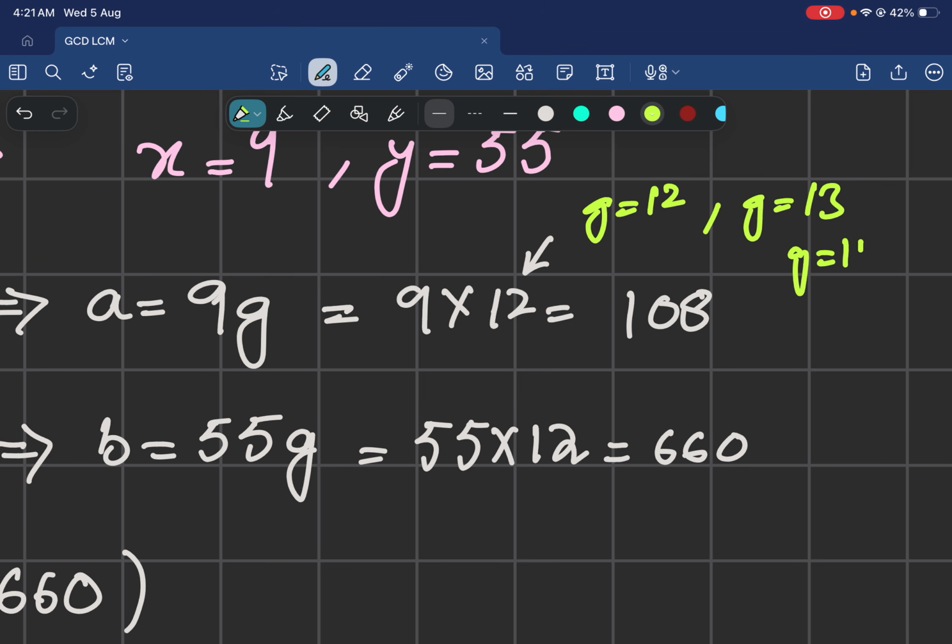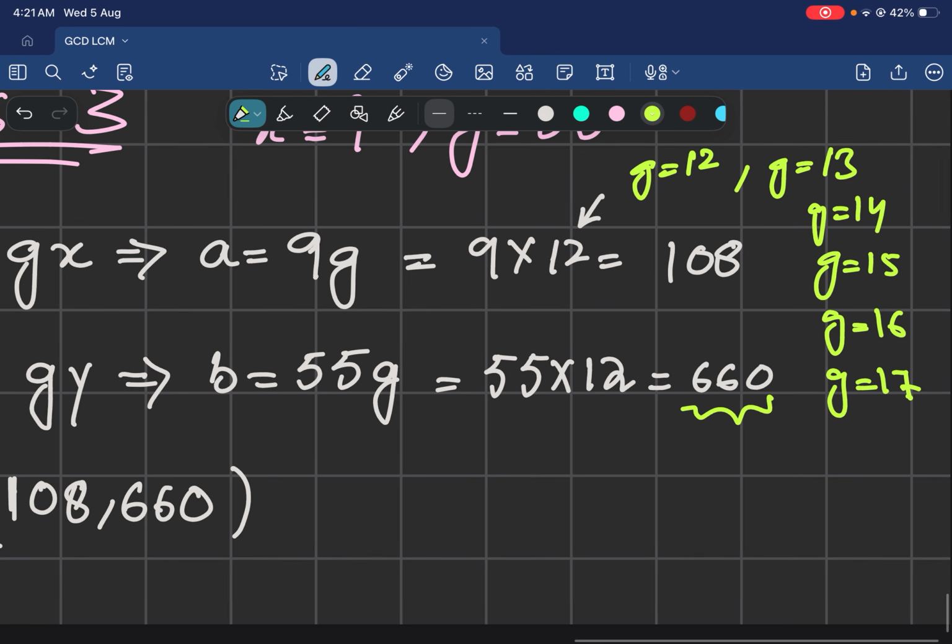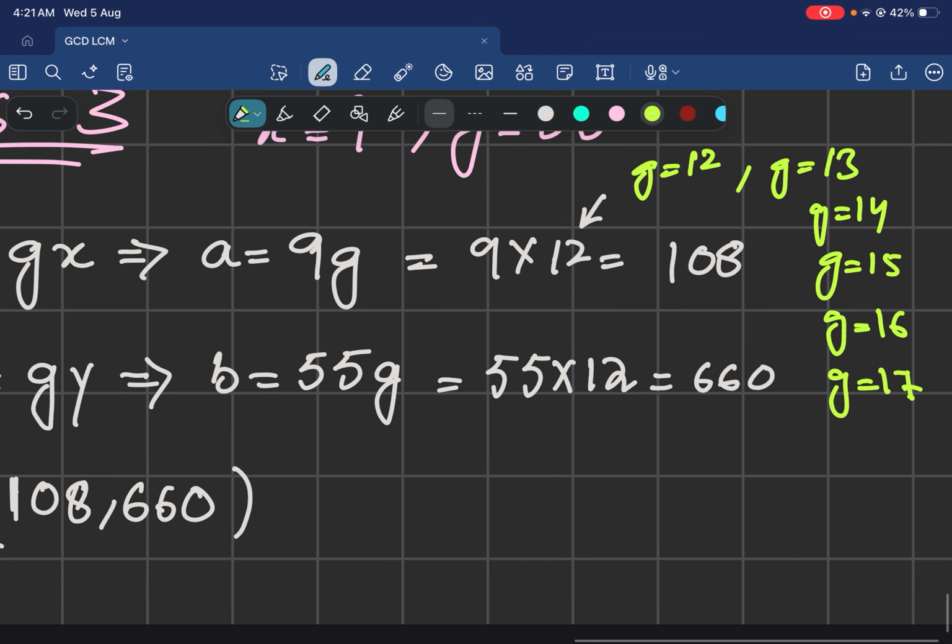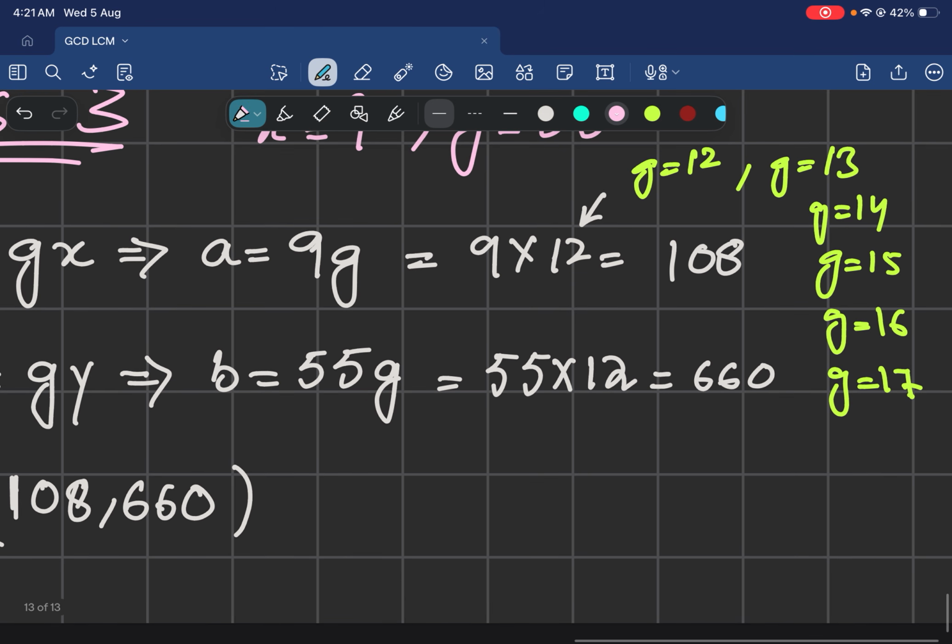Then you will try g equal to 13, and you have to try until it doesn't exceed 1000. So if I try g of 17, let's just try to guess the maximum and see whether this exceeds what the question requires.